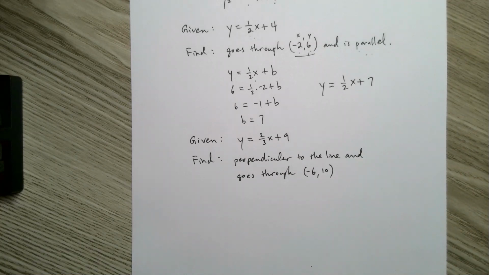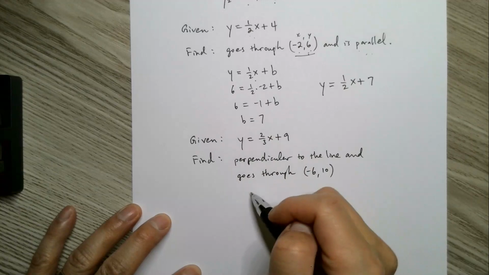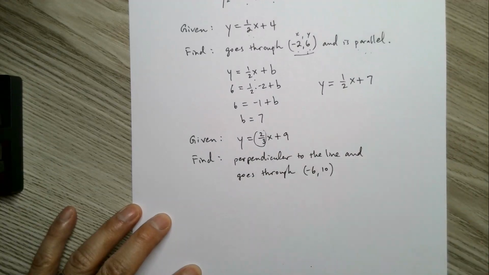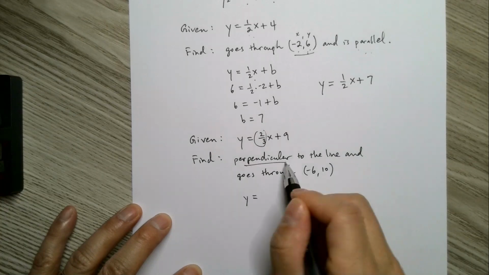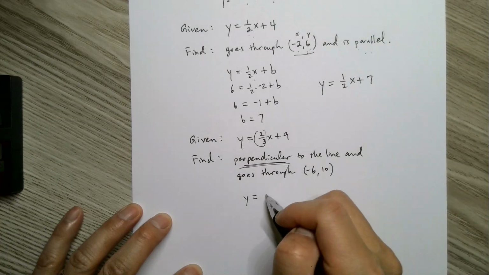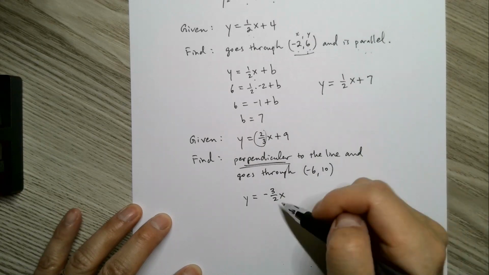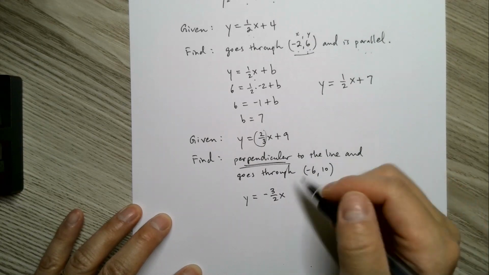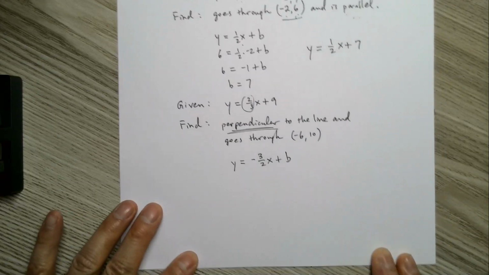Okay, first, let's get the slope of our line. The slope of the original line is 2/3, so since we're talking perpendicular to the original line, the slope of my new line will be negative 3/2. They didn't give me the y-intercept, so temporarily I'll just put b for that.